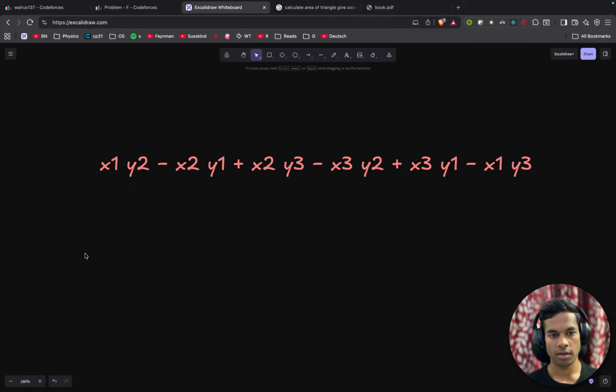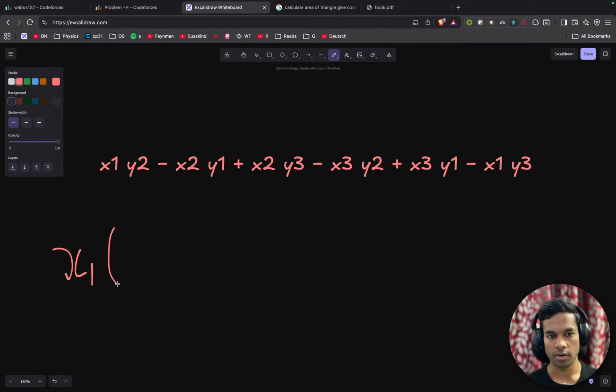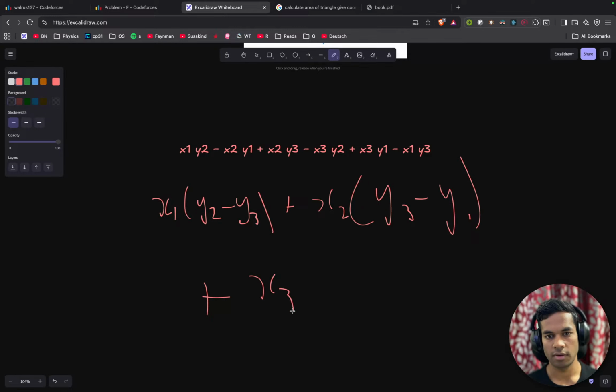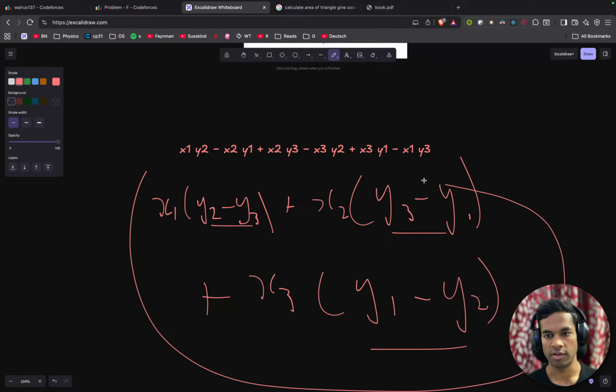If we were to take x1 common, x1 times (y2 minus y3) plus x2 times (y3 minus y1) plus x3 times (y1 minus y2), and this gives us the formula.